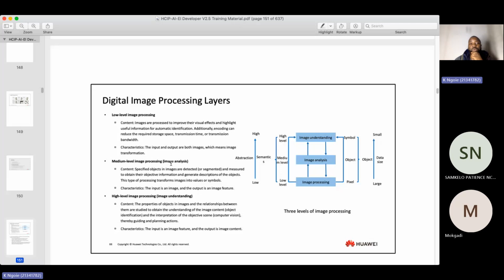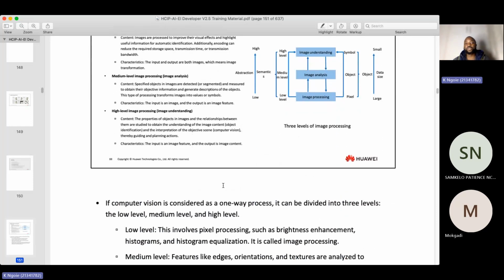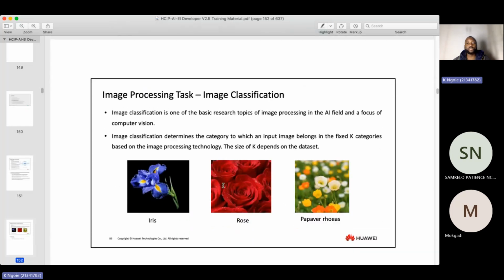Then we have medium-level image processing, where specified objects in images are detected. And then we have high-level image processing, where the properties of objects in images and the relationships between them are studied to obtain an understanding of the image content. So these are the three levels of image processing.